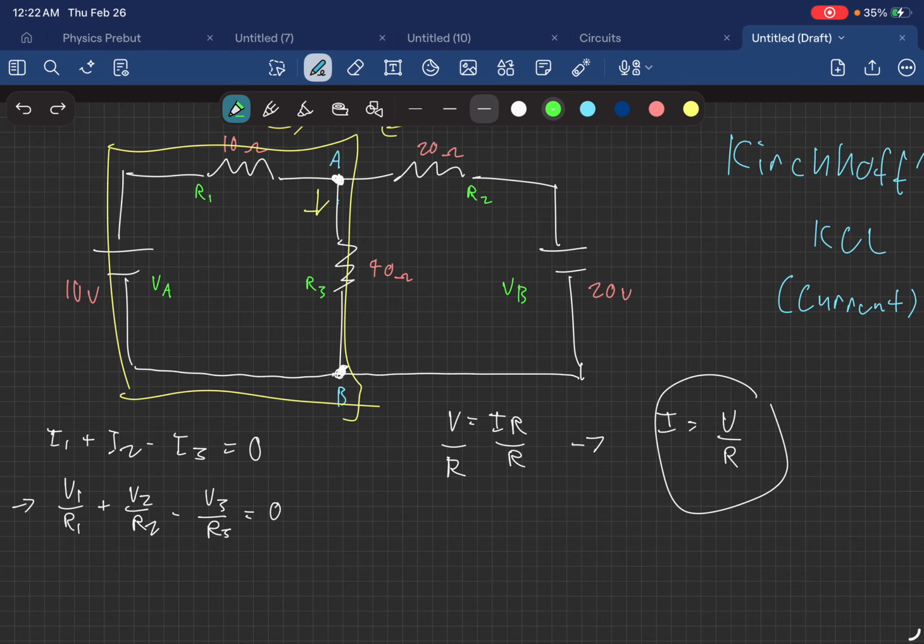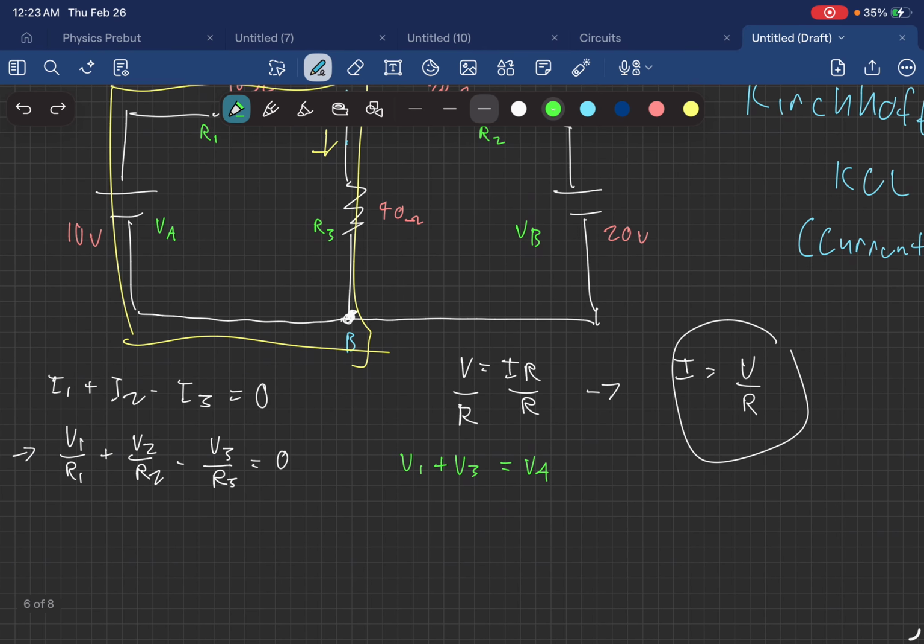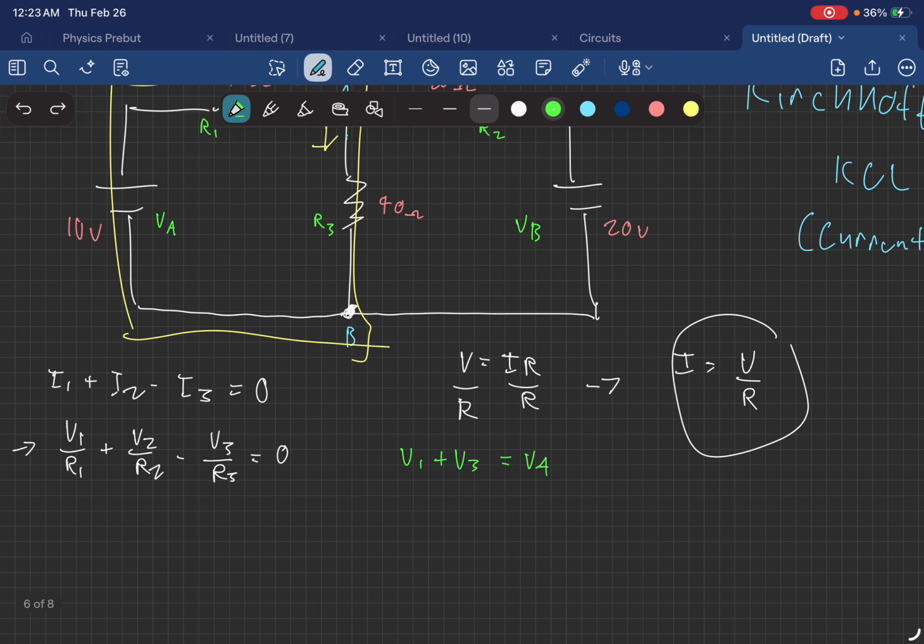You can say that V1 plus, wait, let me write it down here. V1 plus V3 is equal to our V total, which is VA. Again, we're just looking at this one whole segment. And we want to get V3. Why?